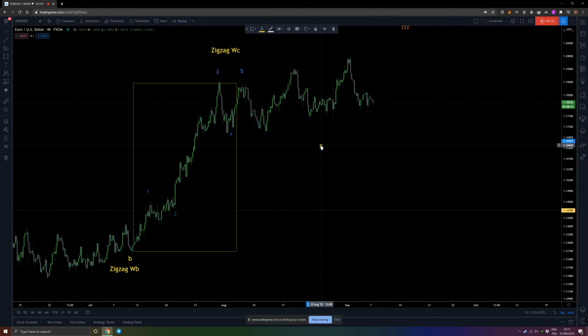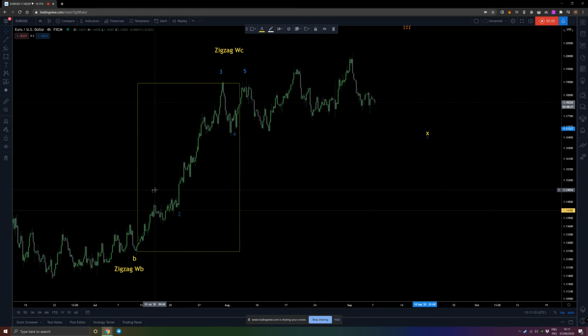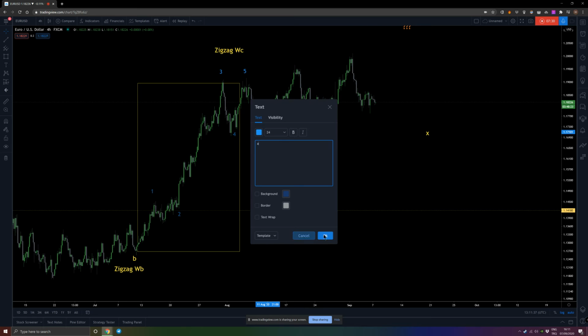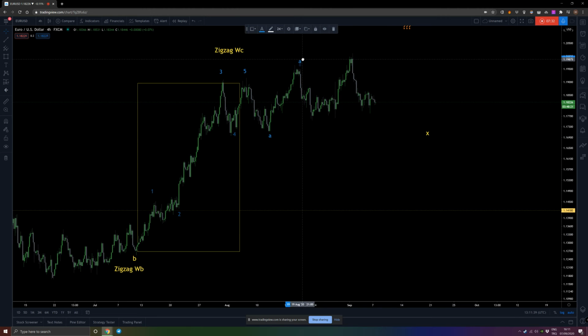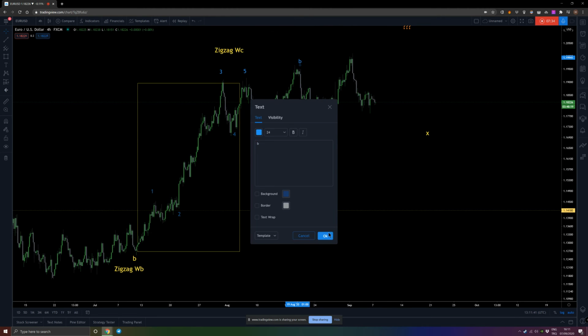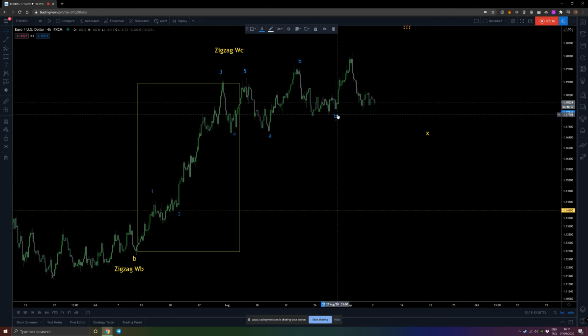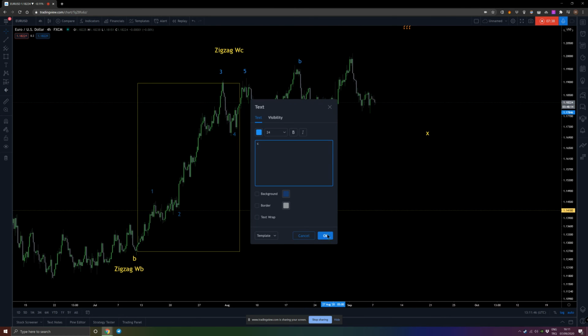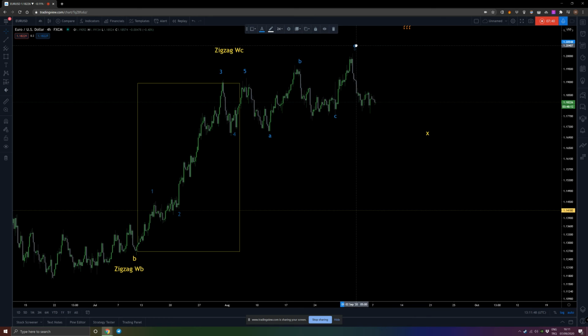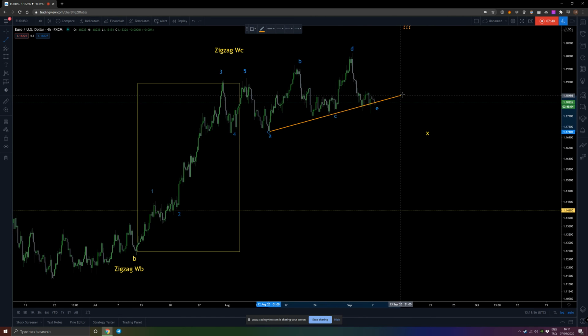For example, we can have inside the X wave something like this. So maybe A, B, C, D, and E. Now I would draw something like this.